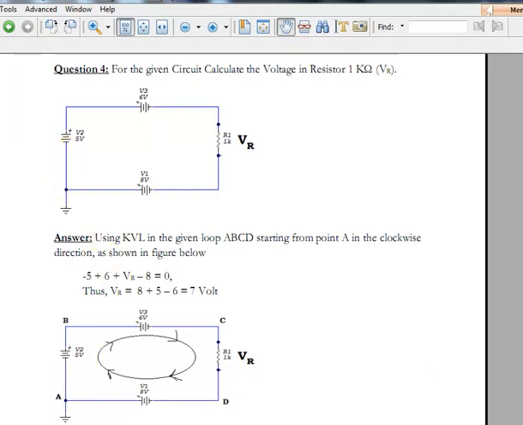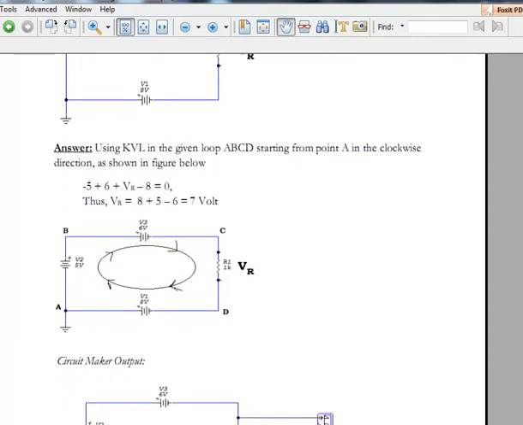I have again made this picture, and this is like a closed loop, and I am starting from this point, and if you solve KVL, it will be -5 because you are getting the minus terminal, then +6, plus I have assumed the voltage here is VR, that we need to find out, and finally -8. The addition of all the voltages is 0, and if you simplify you will get 7 volt.